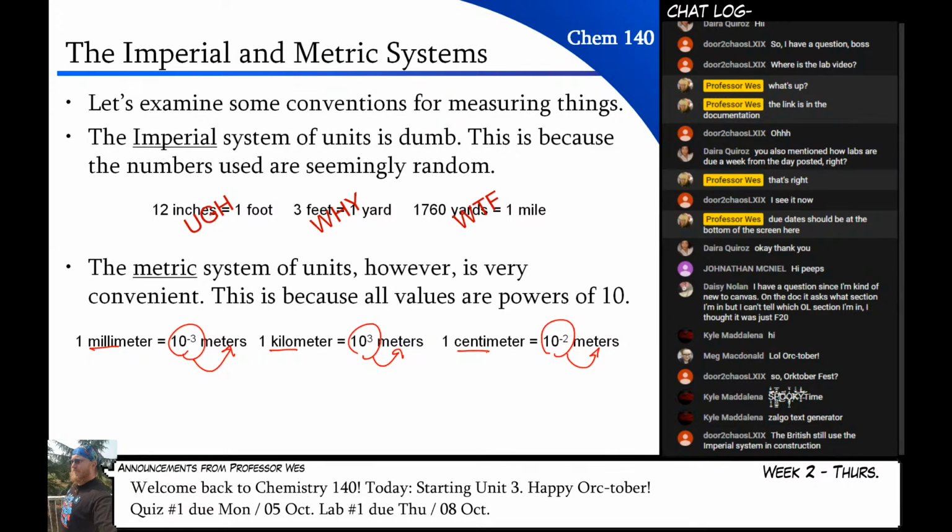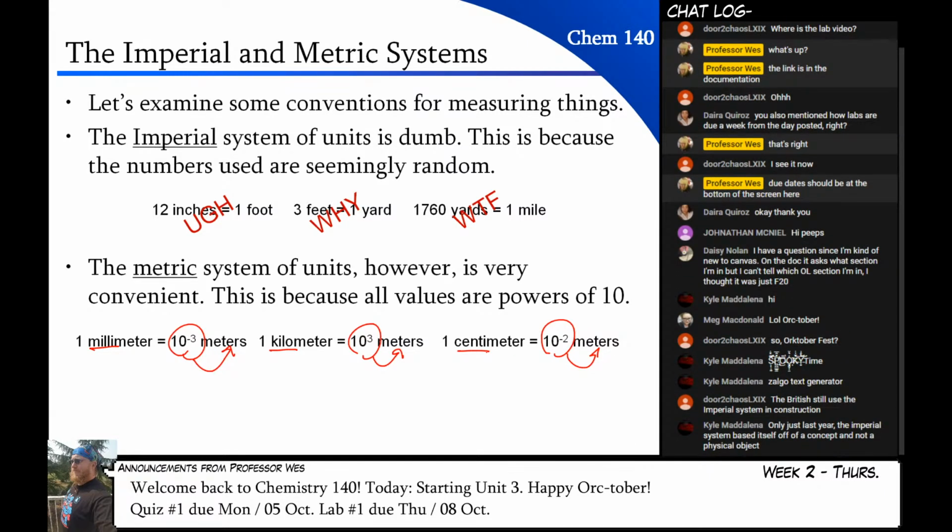It's basically like I'm multiplying, where I'm using the word milli as a number, or the word kilo as a number, or the word centi as a number. Milli is 10 to the minus 3. Kilo is 10 to the positive 3. Centi is 10 to the minus 2. This is way, way easier than memorizing 36 different combinations of lengths to get to a mile.